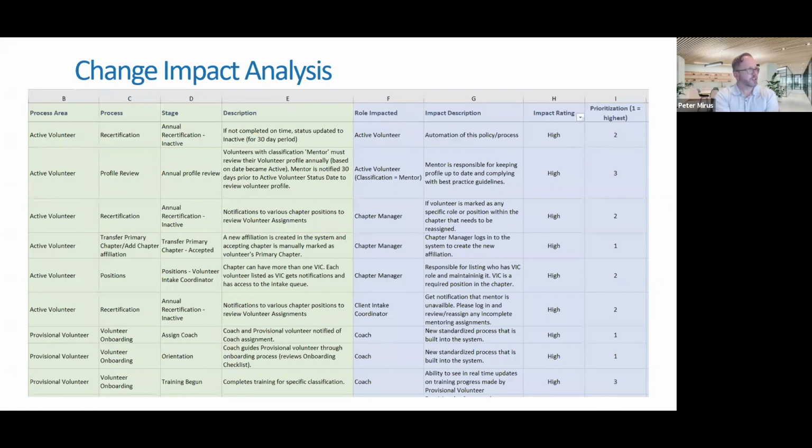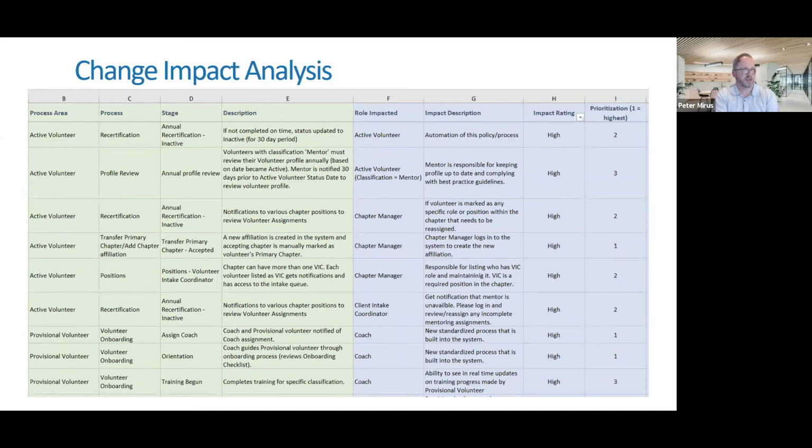And what you see on the screen now is a change impact analysis. It's done on a derivative version of our change impact analysis template that you can find on our website. And in the green areas here, you're basically looking at the define the change section. And it's broken down by constituent journey process area or stage.